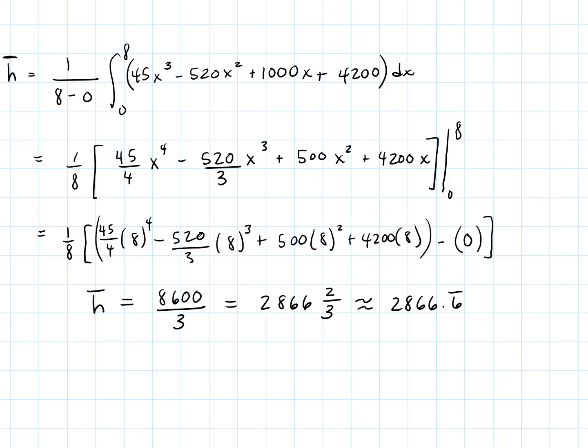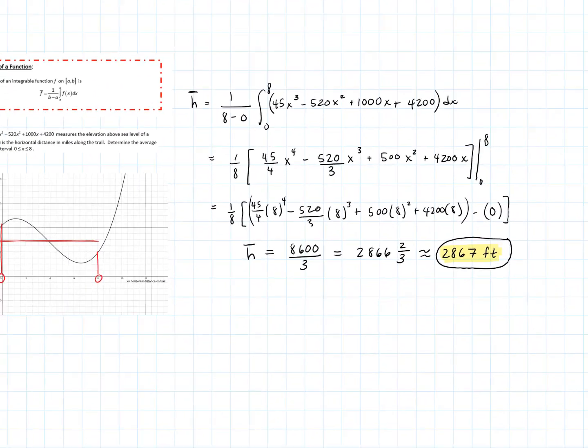Since the 6 repeats, it's approximately 2,867 feet. For purposes of the context here, let's go with the approximation as our answer, to a whole number. We're on a hiking trail, so I don't think we need to worry about fractions of a foot on the average.